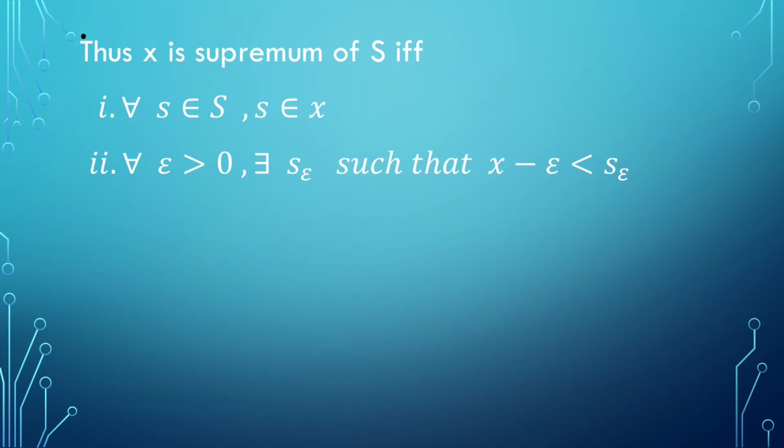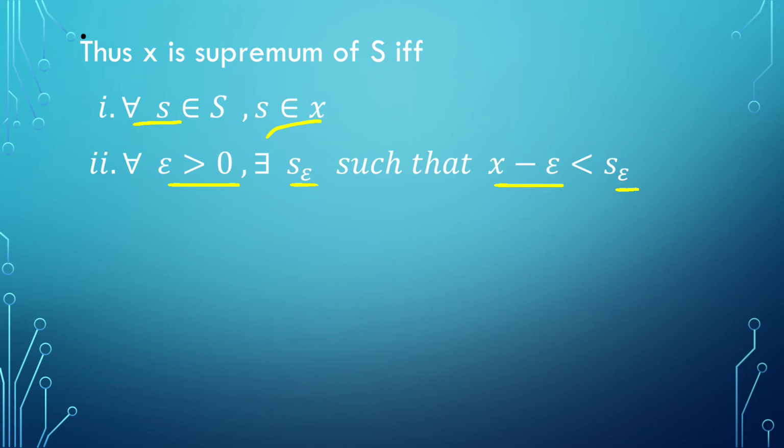Thus, x is a supremum of S if and only if x is an upper bound of S and for every positive epsilon there exists an s in S, depending on epsilon, such that x minus epsilon is less than s epsilon.